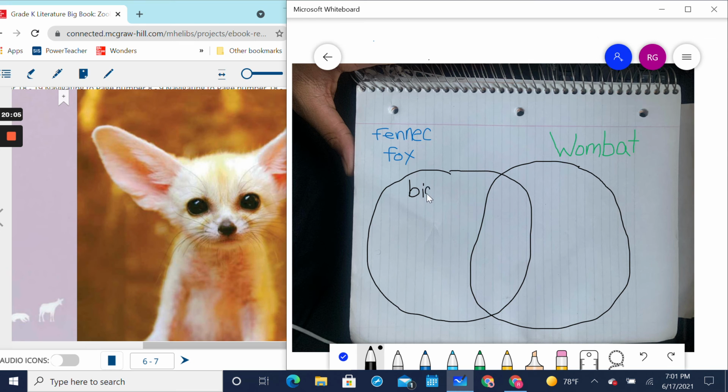So we're going to write big ears. And he has white fur. I'm going to write that down too, white fur.